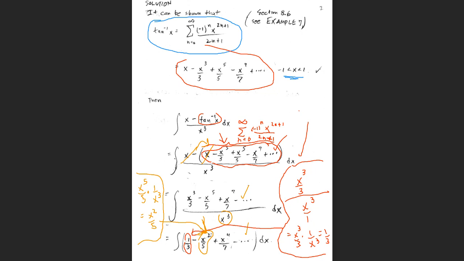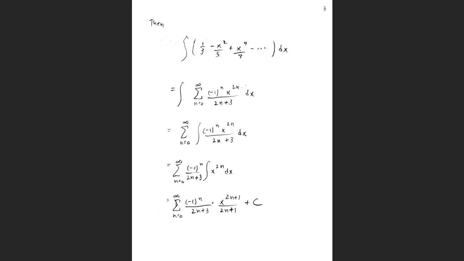All right, we have the integral now of this series. Now what I'm going to do is go to the next page. I'm going to write the summation formula for this power series here.